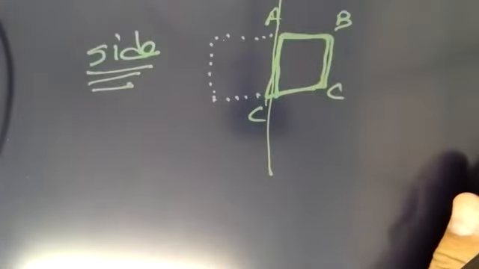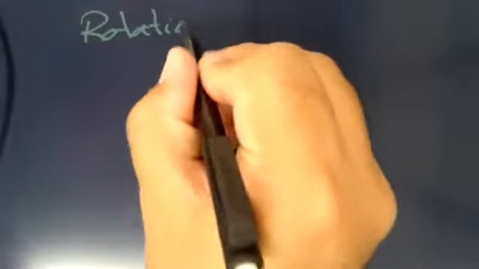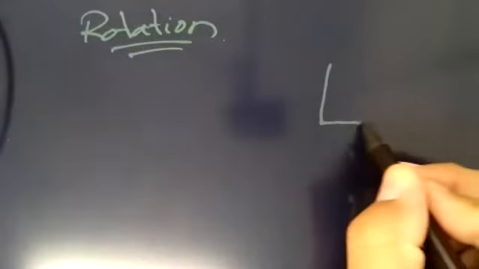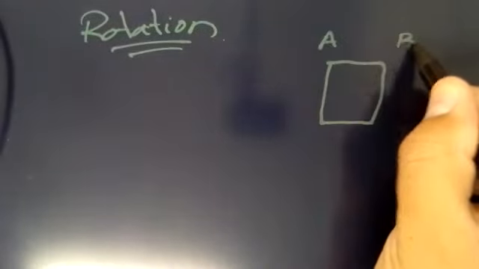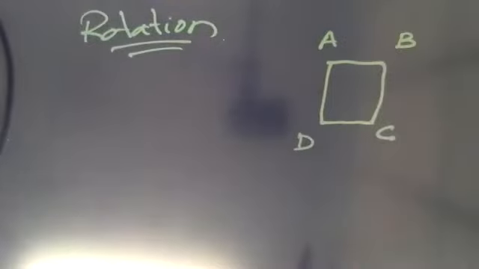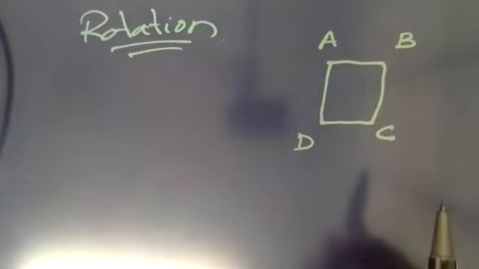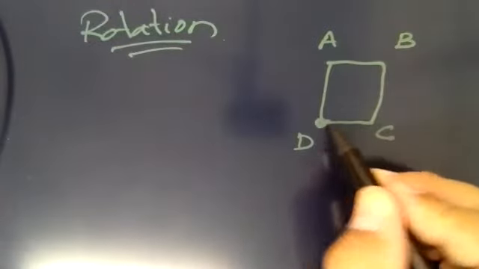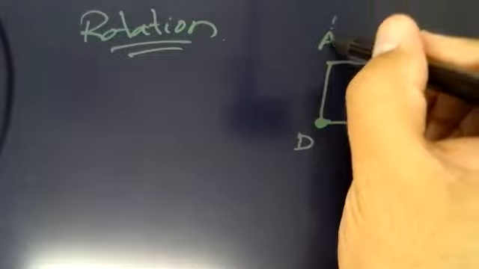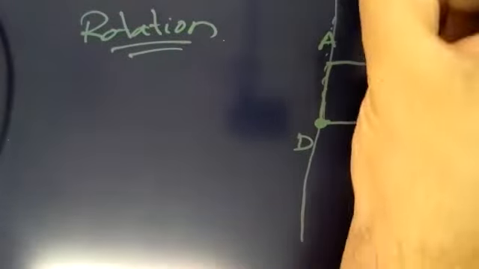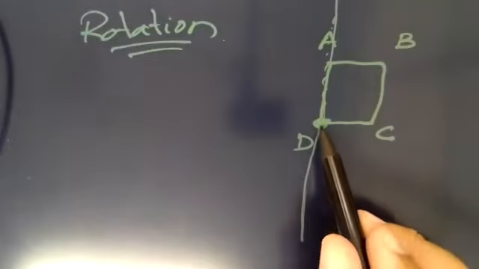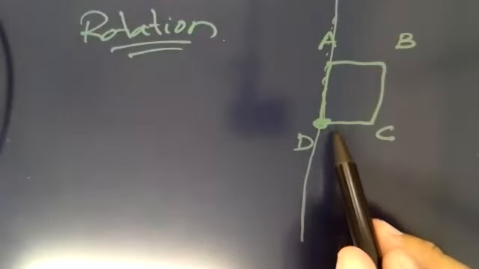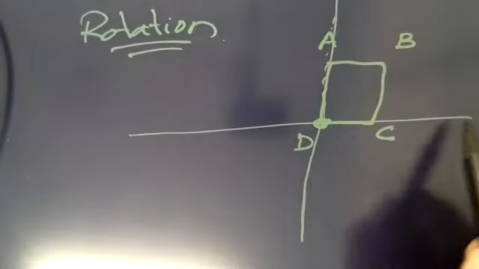Now, let's say I say rotation, and I go back to the square, and this is A, B, C, and D, and I tell you rotation on one of the vertices, let's say this vertex here. If it's rotated on one of the vertices, think about this right here as the coordinate grid.